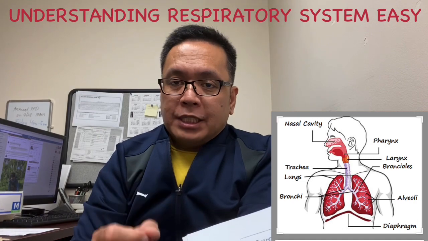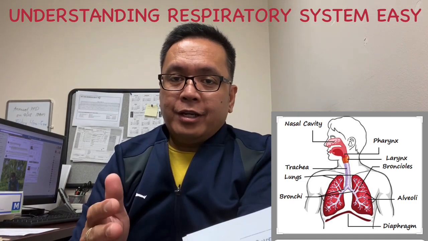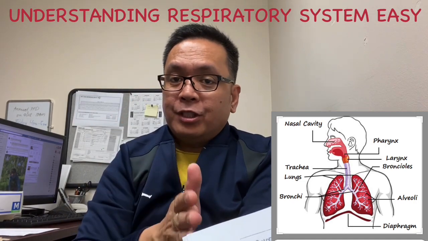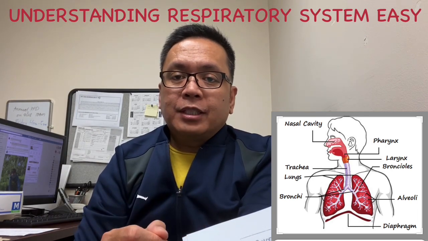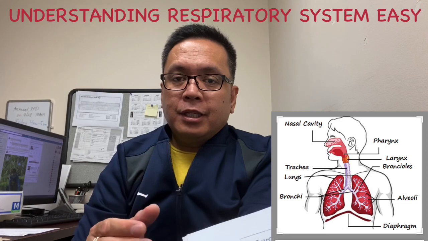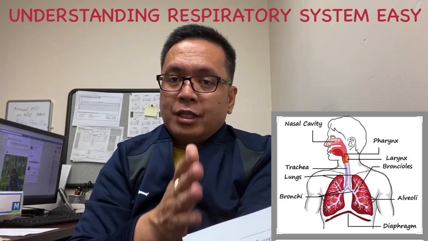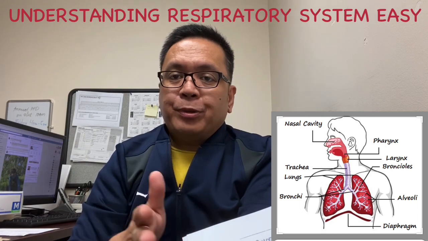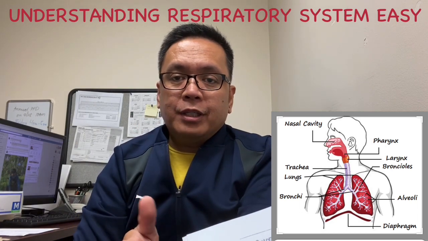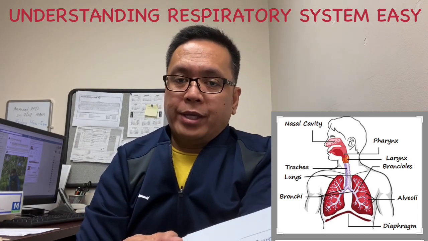The epiglottis, on the other hand, is a flap of tissue that closes over the top of the larynx when the patient swallows. This particular organ protects the patient from aspirating food and fluid into the lower airways.